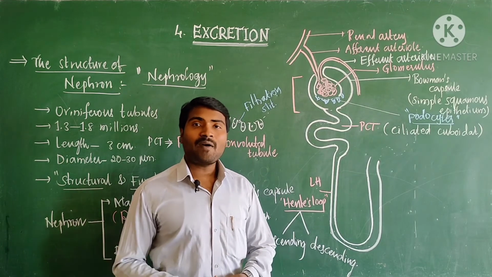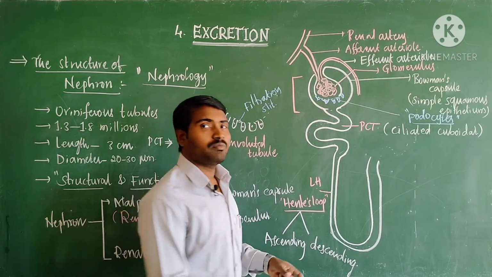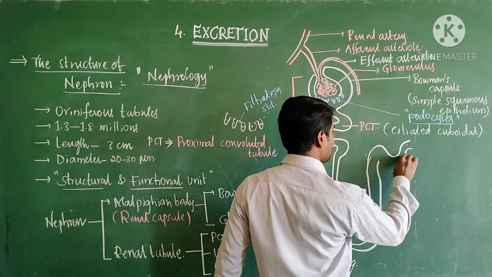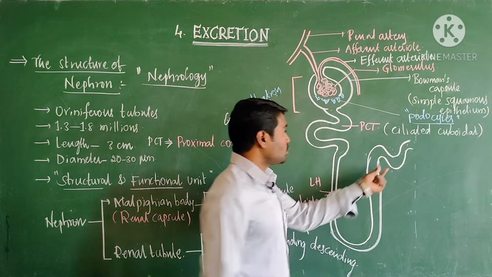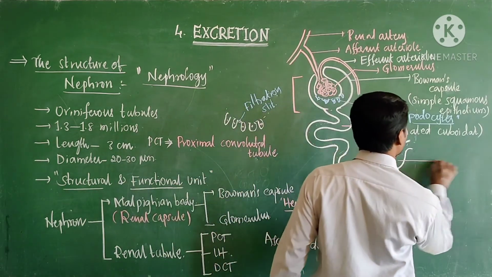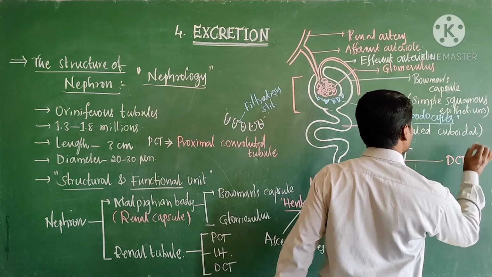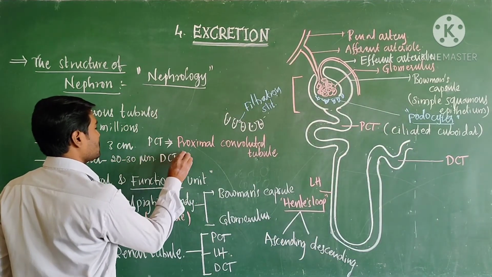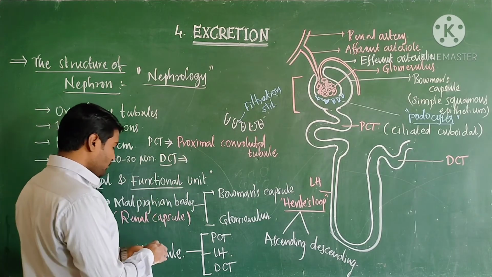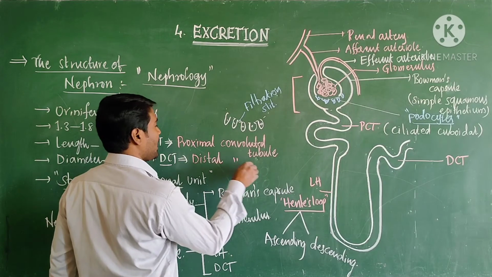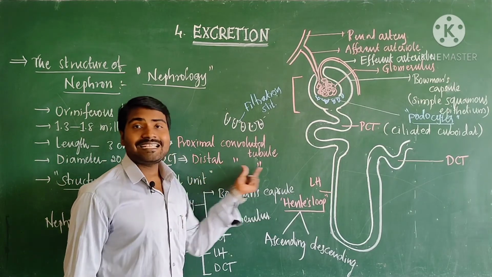Now this loop of Henle gives rise to one more tube that is called DCT. So this folded region is known as DCT. As we know, DCT stands for distal convoluted tubule.